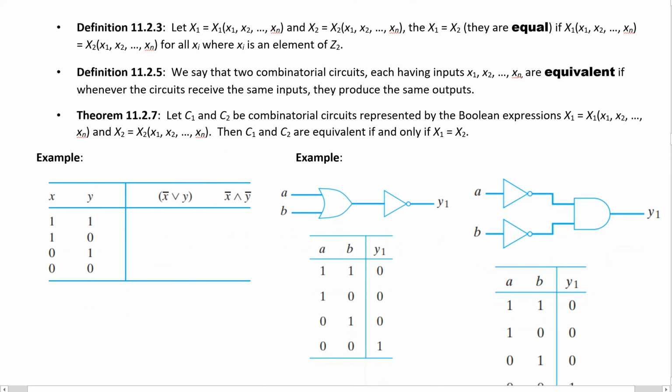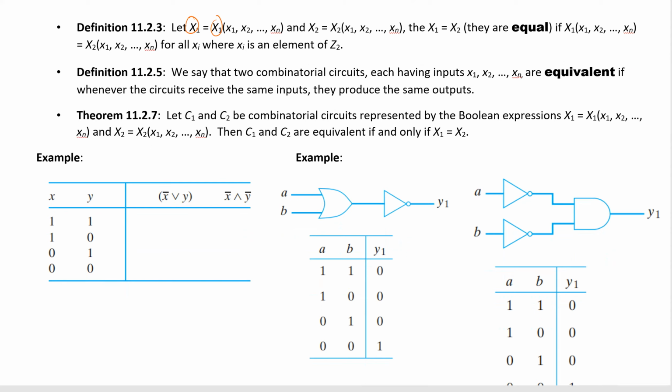Definition. Let X1 and X2 be expressions, functions of the variables x1, x2, ..., xn.